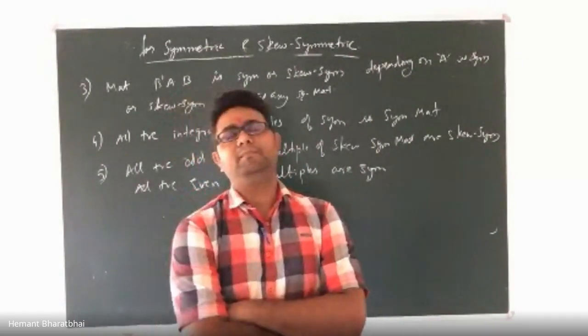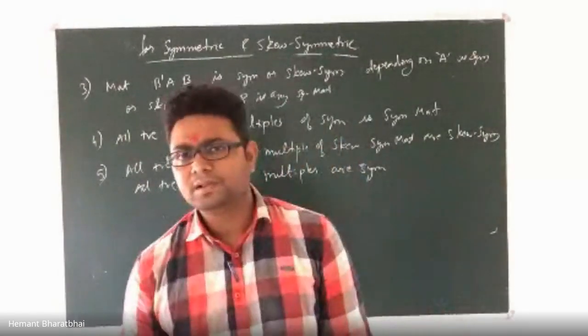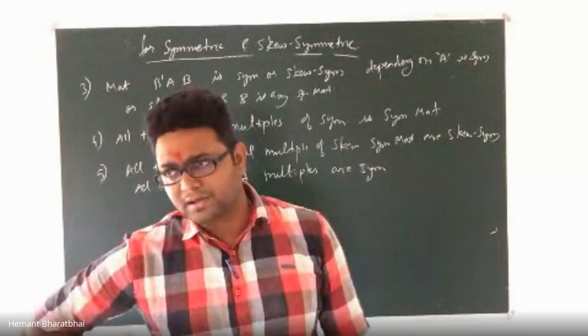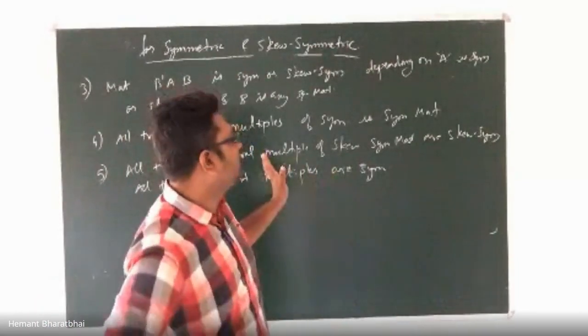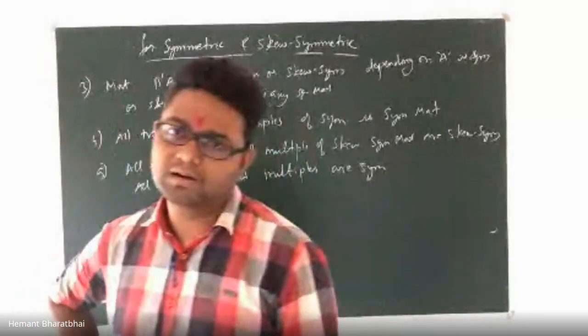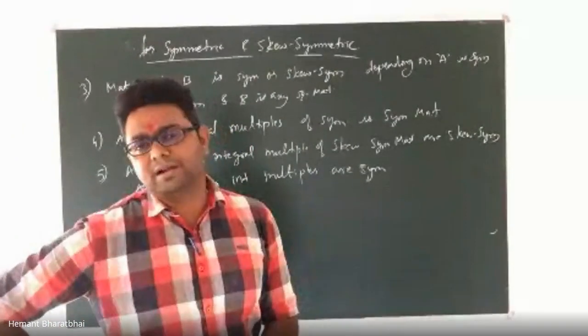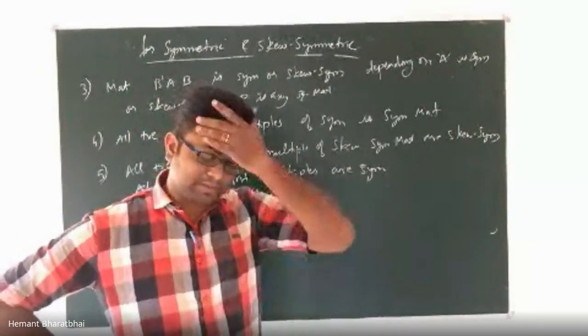And if you take the cube, then minus A the whole cube will give you minus A cube, so it will remain skew symmetric. So for all the odd powers, the skew symmetric matrix will give you skew symmetric only. But for all the even powers, the skew symmetric matrix will give you a symmetric matrix.